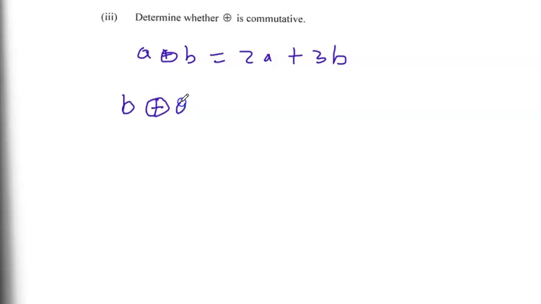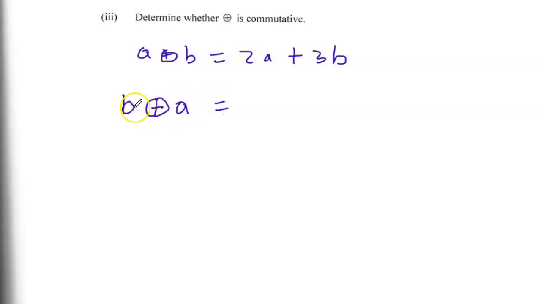Next, we're asked to determine whether the binary operation is commutative. So recall that the binary operation meant 2a plus 3b. Now, if the operation is commutative, the order is not important. So let's find b with a.